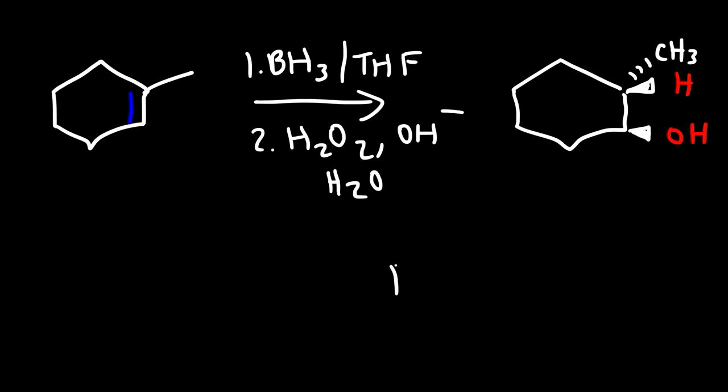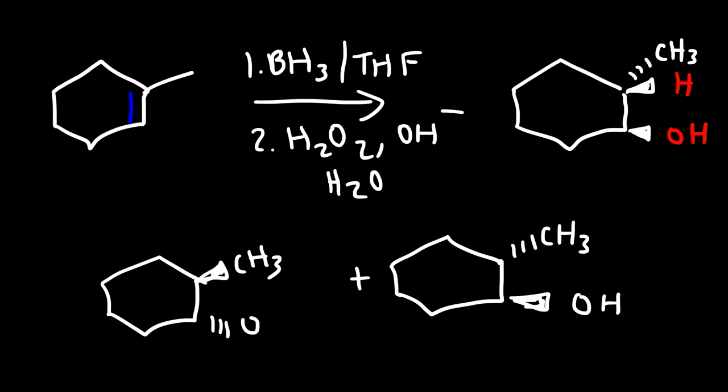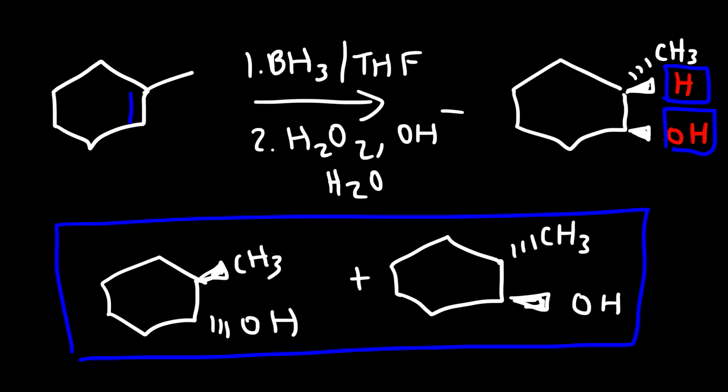Now, on a typical exam, you may not see the hydrogen, so all you'll see is this product, or its enantiomer, or you might see both. So these are the two products that we can get in this reaction. But keep in mind, it's syn addition when you compare the hydrogen and the OH group, because those are the two groups that you're adding across the double bond. But your answer may look like this on a multiple choice final exam.